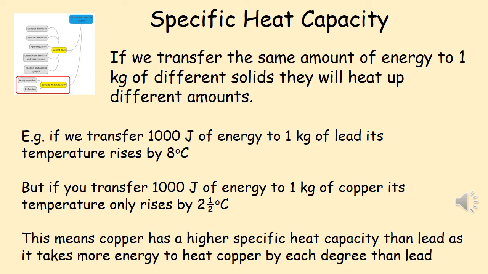But if you add the same amount of energy to a kilogram of copper, its temperature will only rise by 2.5 degrees Celsius. And what we say is it means that copper has got a higher specific heat capacity than lead because it takes more energy to heat the copper by 1 degree than to heat lead by 1 degree.